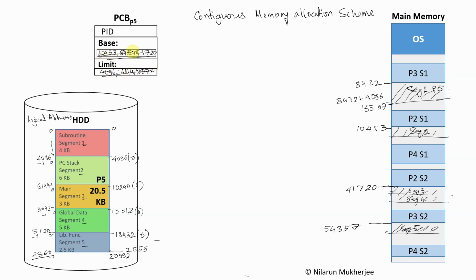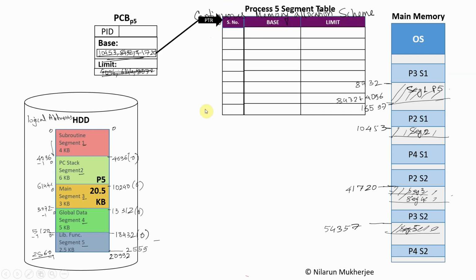So this is not the way, so we cannot go for this. As every base and limit has several values, we maintain a separate table for that, the segment table.